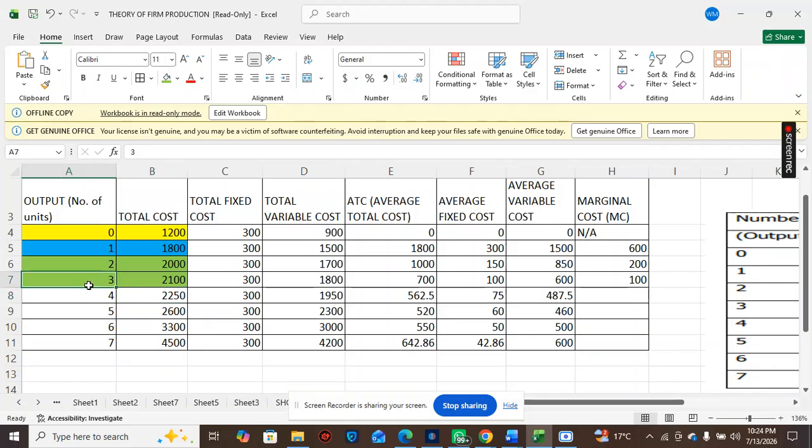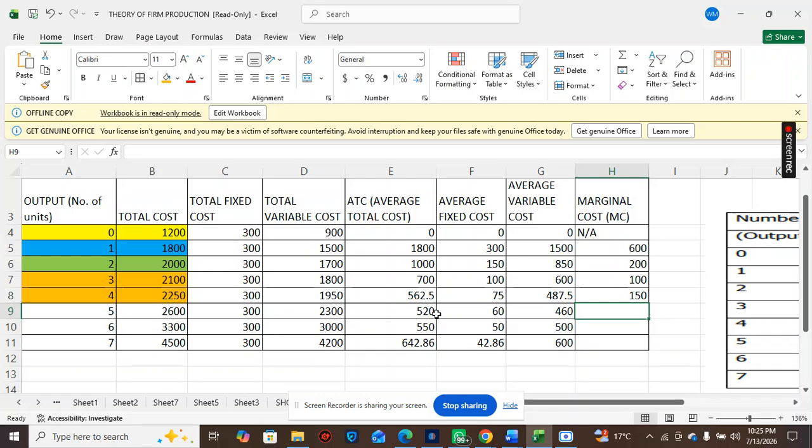When we move from 3 units to 4 units, our total cost increases from 2,100 to 2,250. So the additional cost is 2,250 minus 2,100, 150.